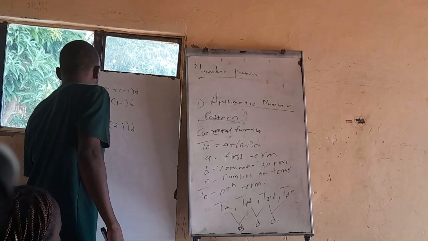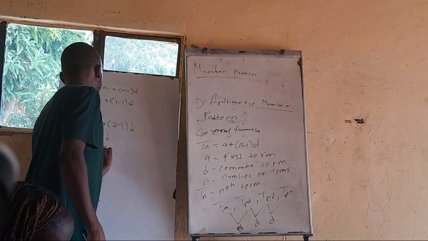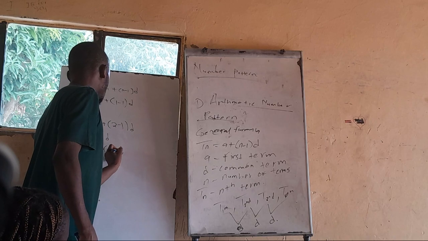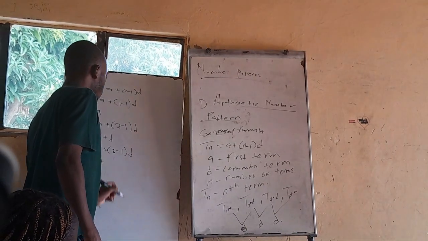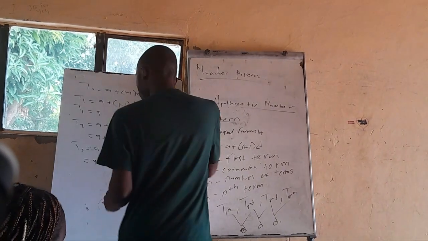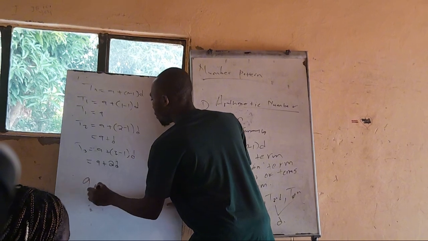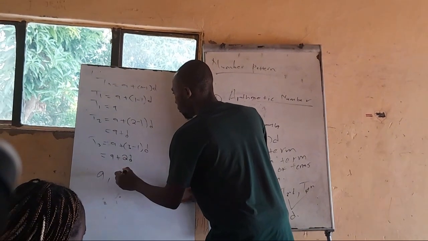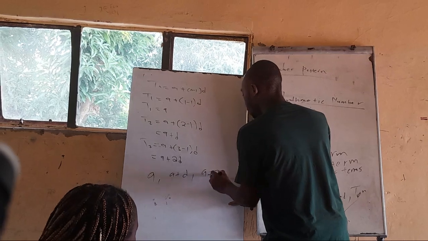Your third term in terms of a and d equals a plus 3 minus 1 d, which is 2d. Meaning that your number pattern can be represented as a as the first term, a plus d as the second term, a plus 2d.